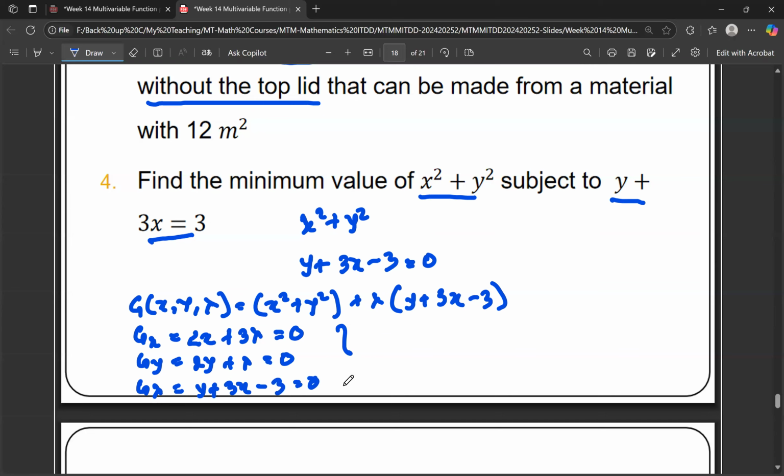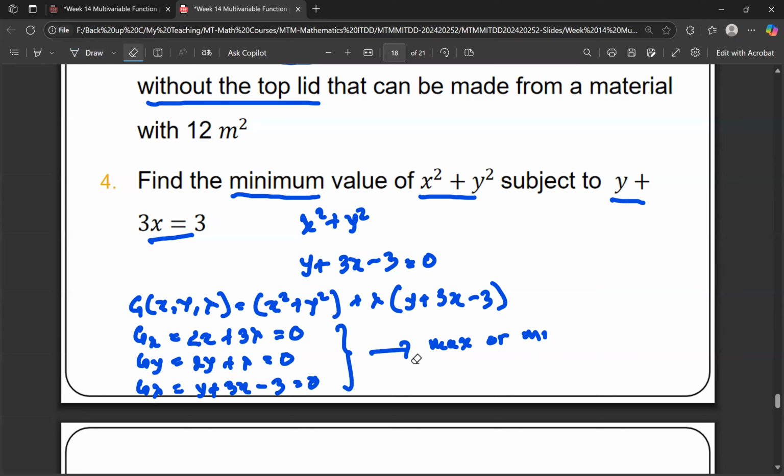And then please find the maximum or minimum. In this case, of course, we must have a minimum. Yeah, this is number 4.